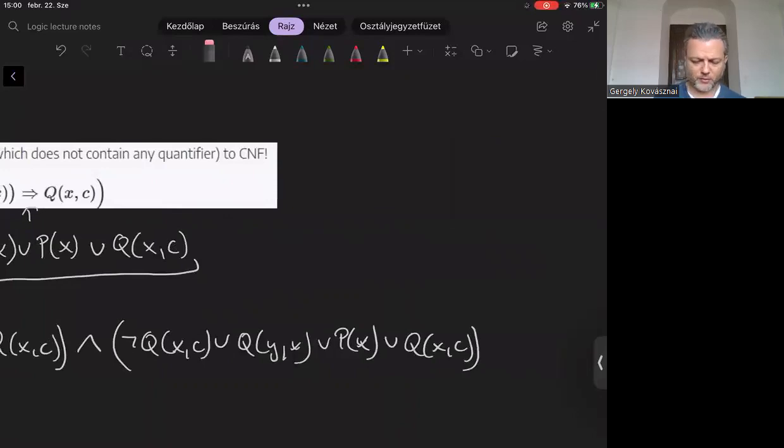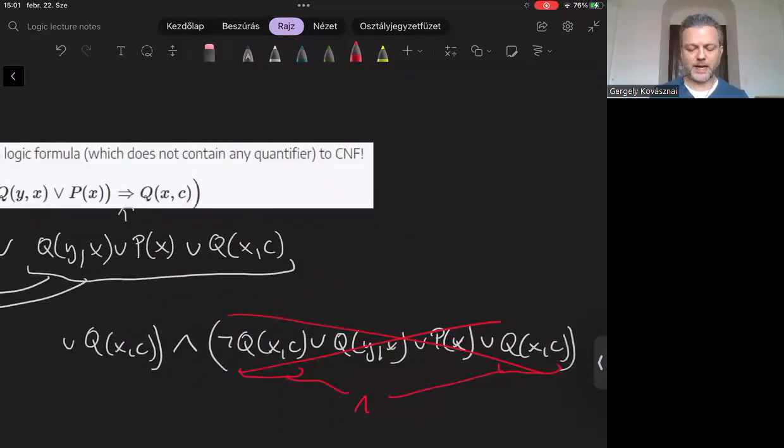And also, if we look at the right-hand side of the conjunction, you can see q(x,c) two times, but the first time it's negated. So we have the same literal negated and not negated inside this disjunction. You probably know that this means that they are one together, which makes the entire formula inside the parentheses one, which makes us able to eliminate this entire right-hand side of the conjunction.